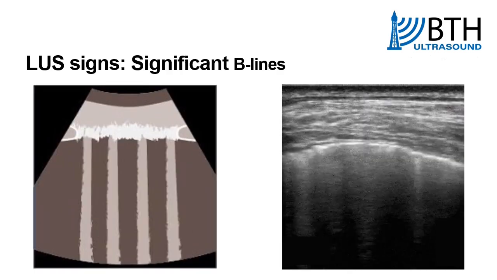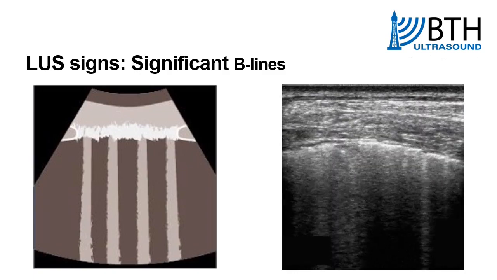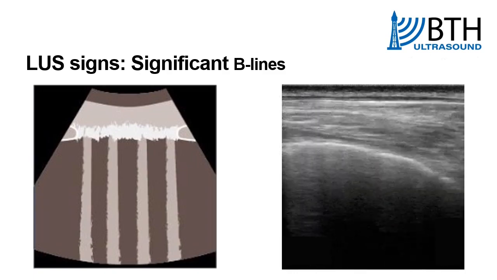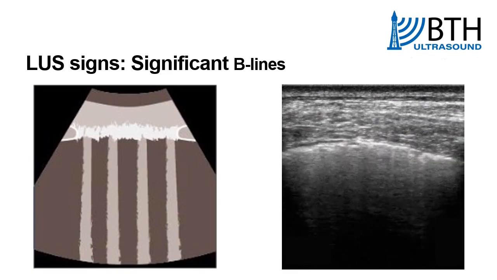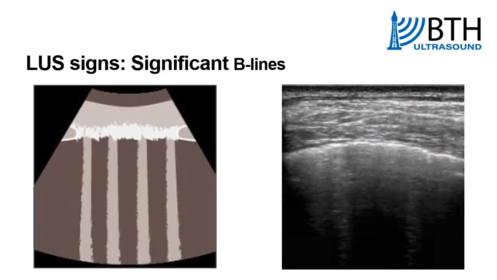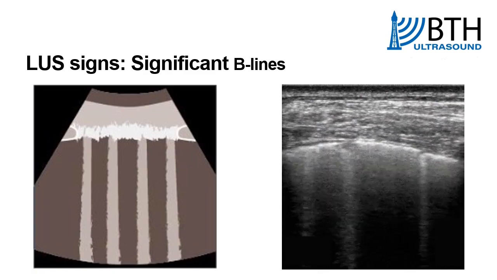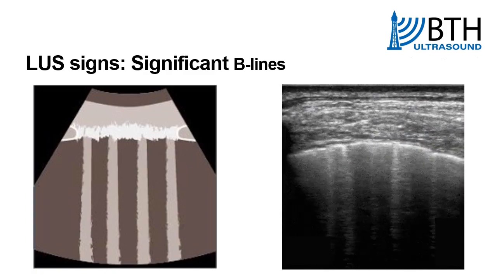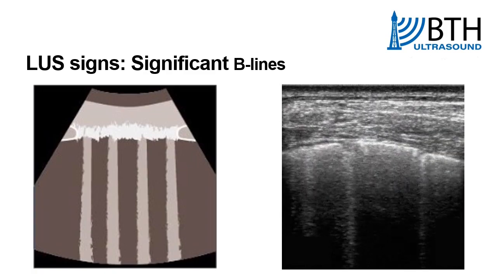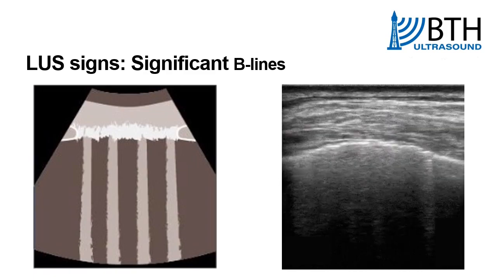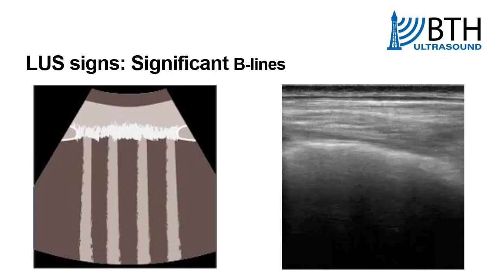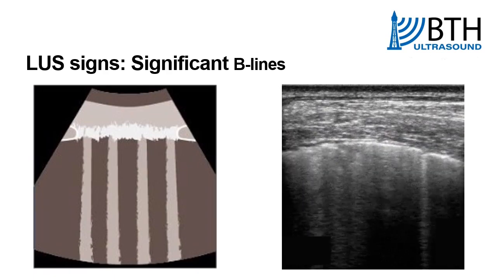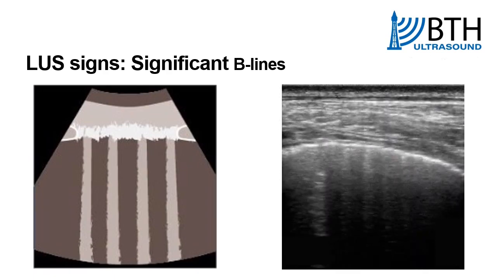However, most of the time you get significant B-lines, so you start to see them increase in frequency, increase in location, and increase in density. So the image on the right, you can see that there's just tiny irregularities in the pleural line, and so that is causing some degree of interstitial syndrome and B-line creation.